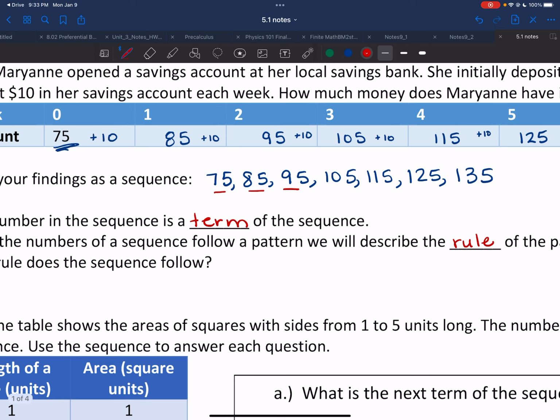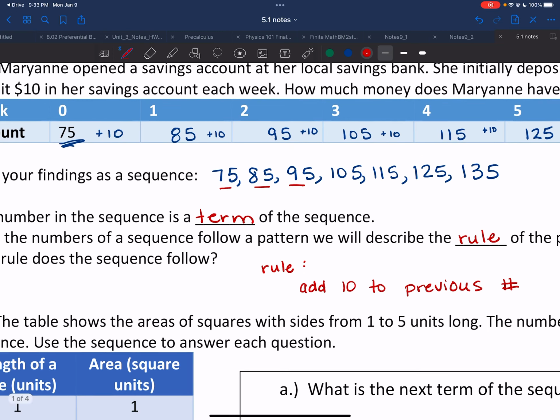Well, the rule is that you add 10 to the previous number, right? So if I started at 75, all I have to do is add 10. If I'm up to, say, 205, all I have to do is add 10. So I get up to 215.